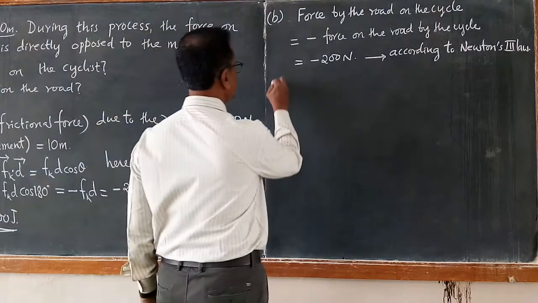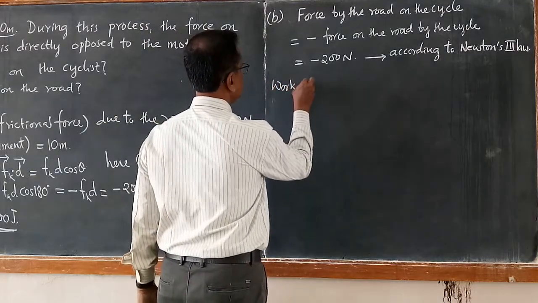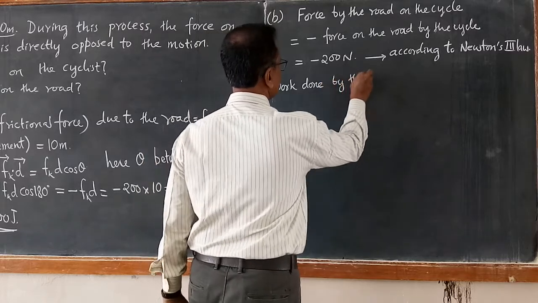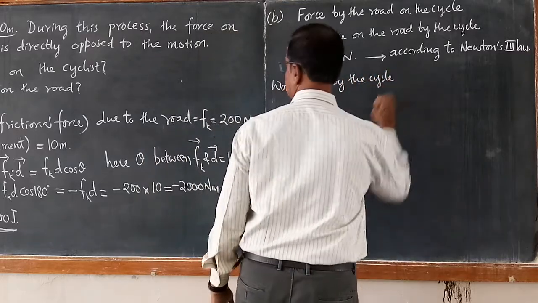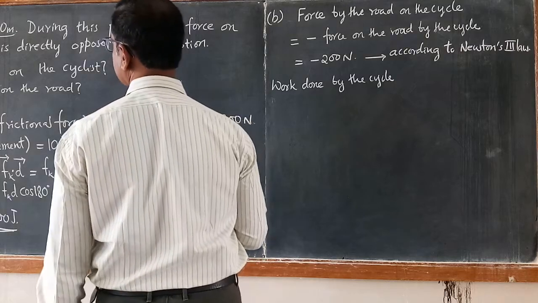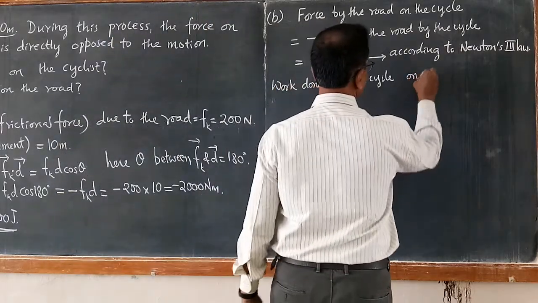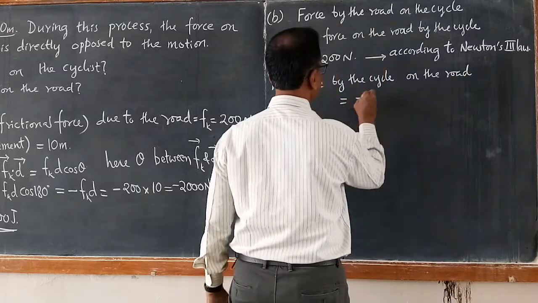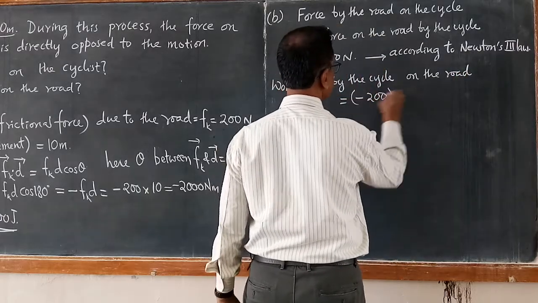But what about work done? Work done by the cycle on the road is equal to minus 200 into 0.